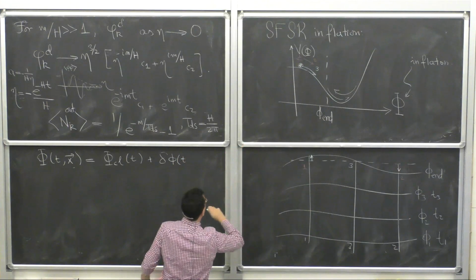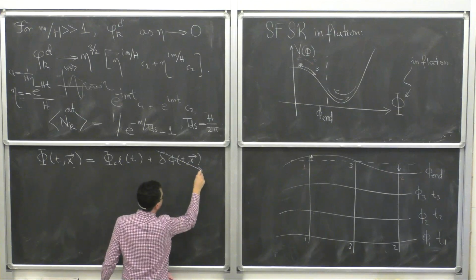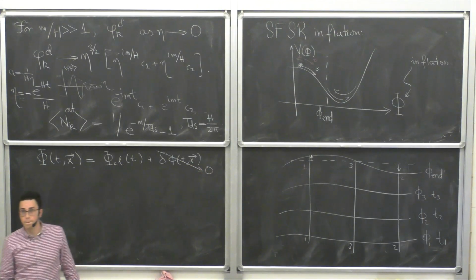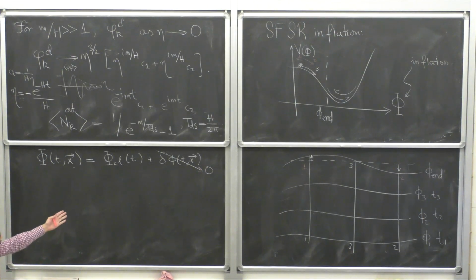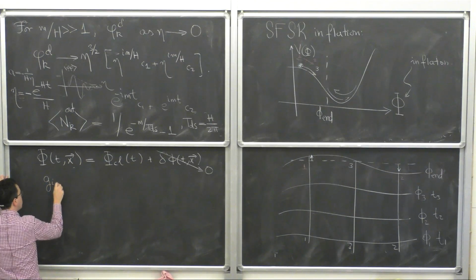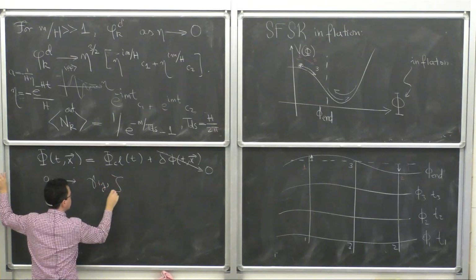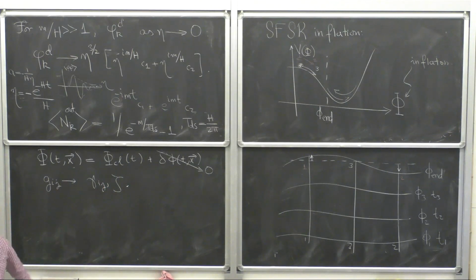That's what we were describing there with the arrows. But you can go to a gauge, to some unitary gauge in which this is 0. But if you do that, where's the perturbation? It gets eaten in the metric. So the metric, g_ij, will now have a graviton and a scalar degree of freedom. And that's the zeta I was mentioning in the first lecture.